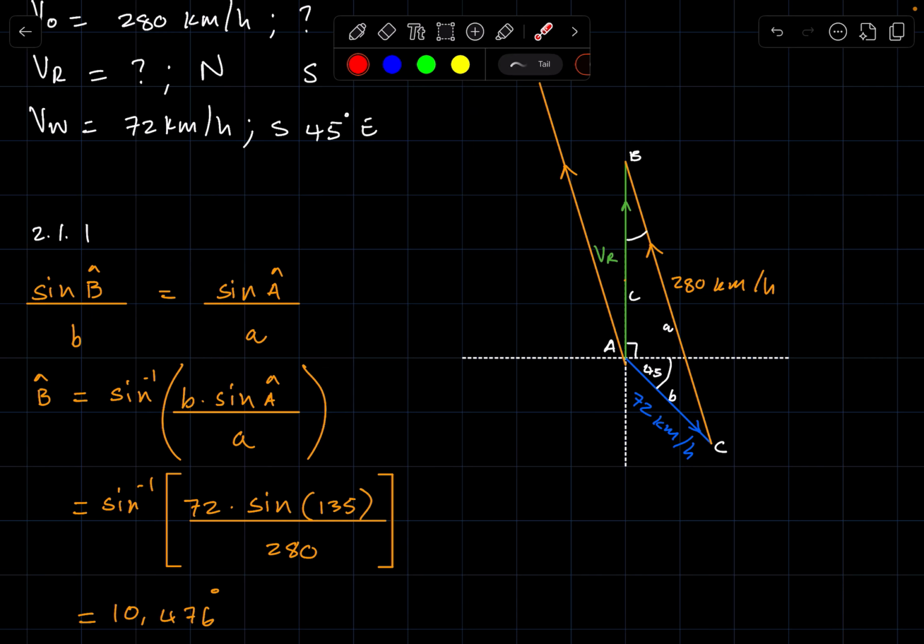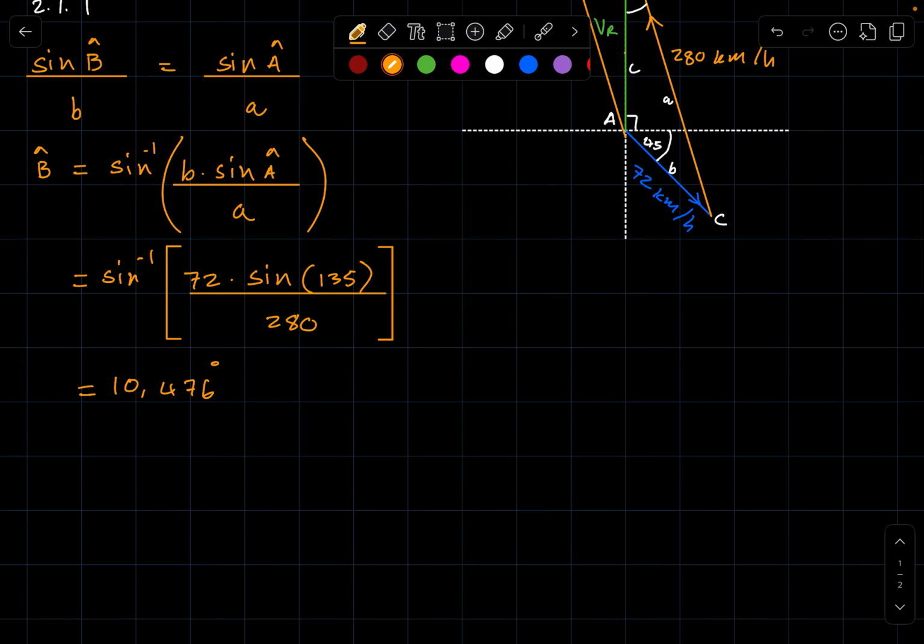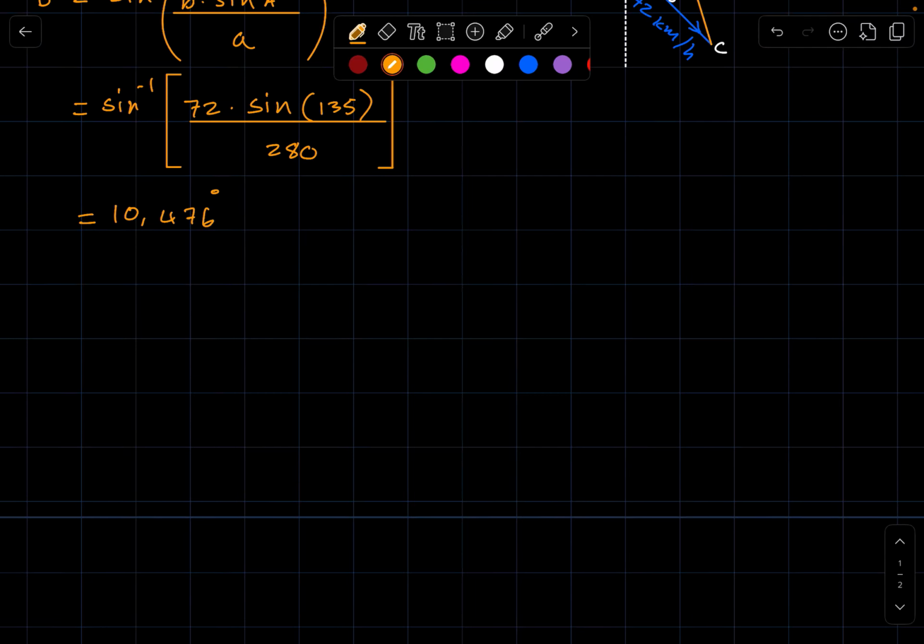The angle is 10.476 degrees. Based on the quadrant, it means we are headed west.